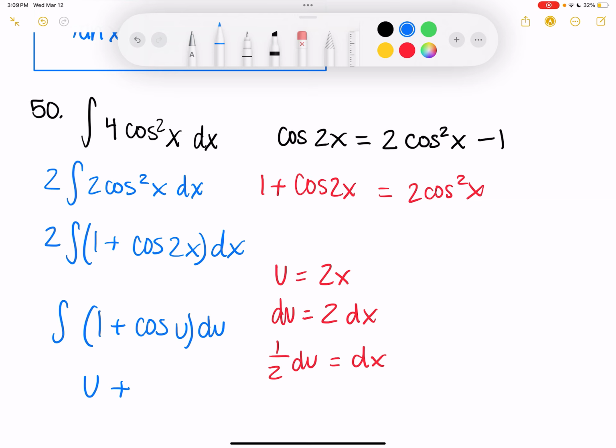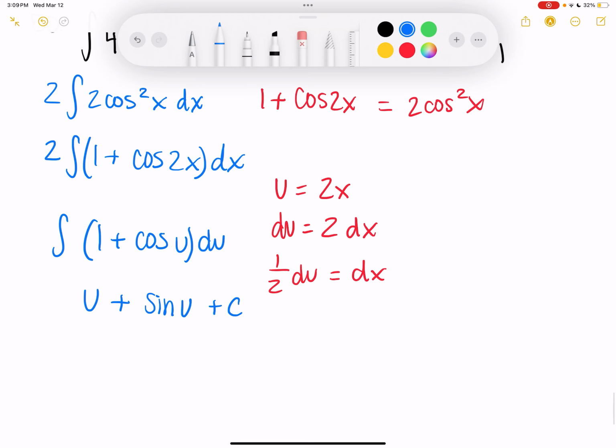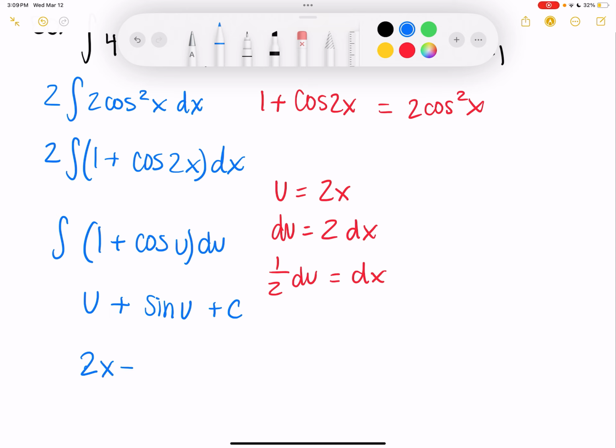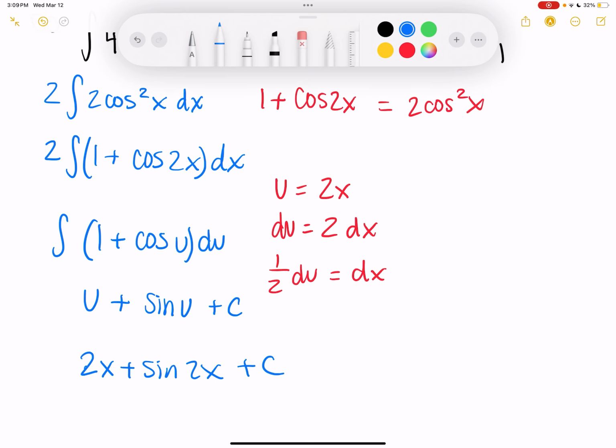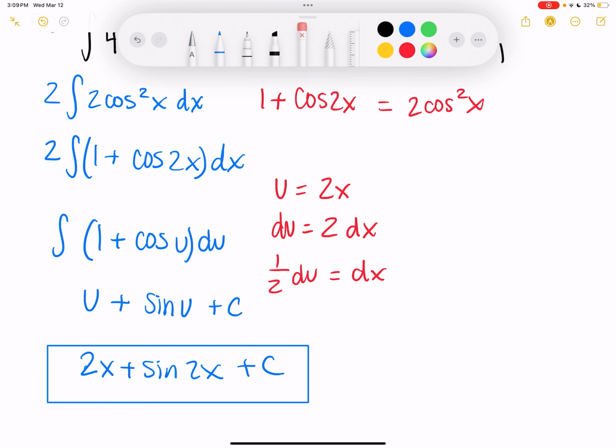Antiderivative of cosine of u is sine of u, plus c. Then I just do some replacement. So I've got 2x plus the sine of 2x plus c. Where's my c? There it is. Beautiful.